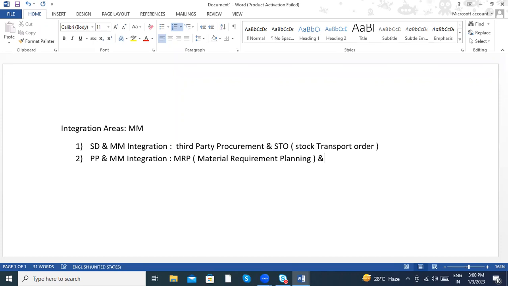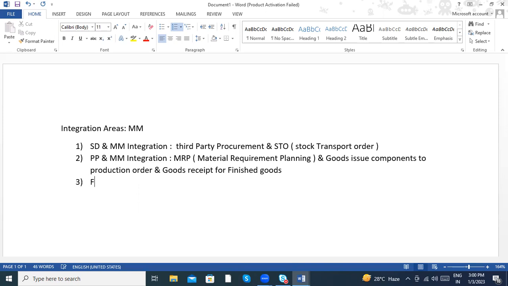And also the goods issue, to issue the components to the production order, and also goods receipt for FG production.